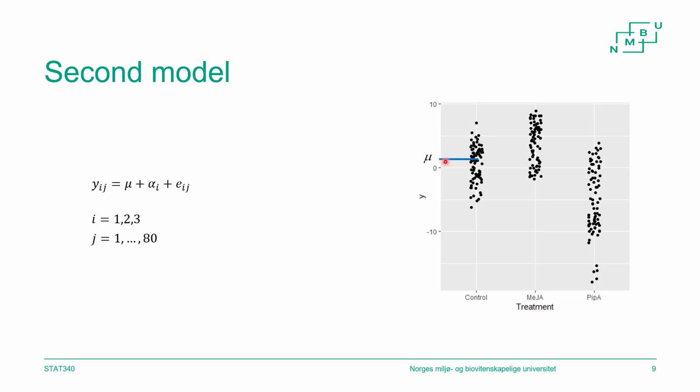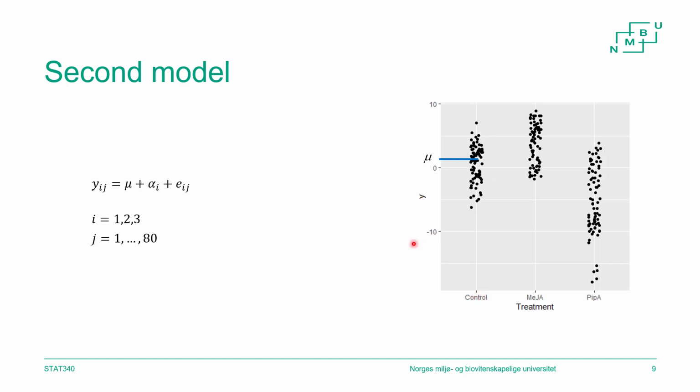So mu doesn't have the same value as in the previous slide, because then it was the average of them all, because we did not split the three treatments. We considered everything to be one swarm. But now mu means only the expected value for the reference, which is the control, the first level of treatment.